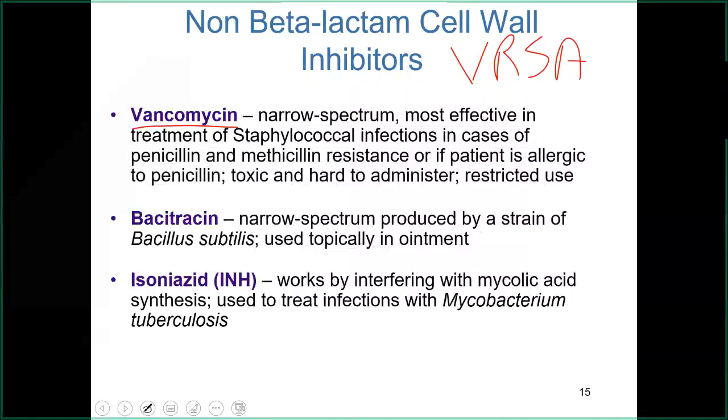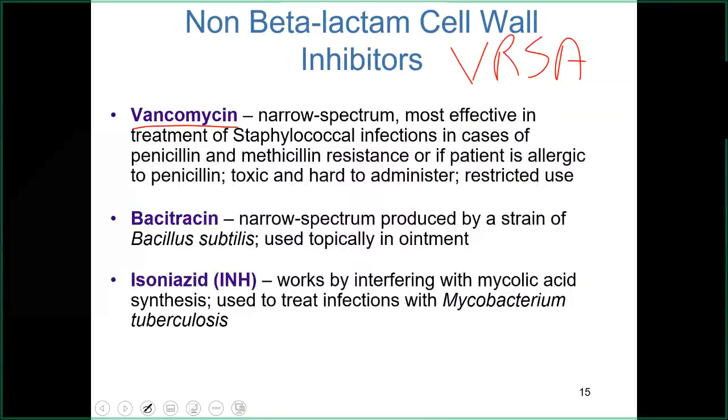Before the appearance of VRSA, vancomycin was regarded as a drug to not overuse, to keep on hand as a drug of last resort. If everything else fails, let's pull out the vancomycin and that'll take care of it.